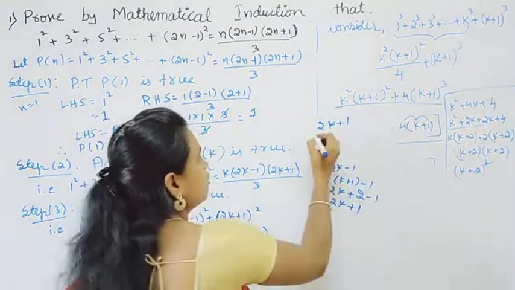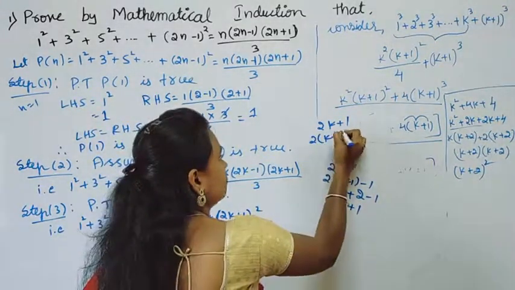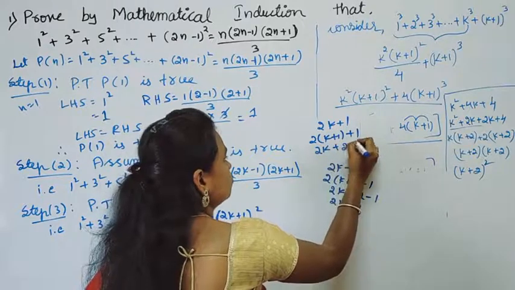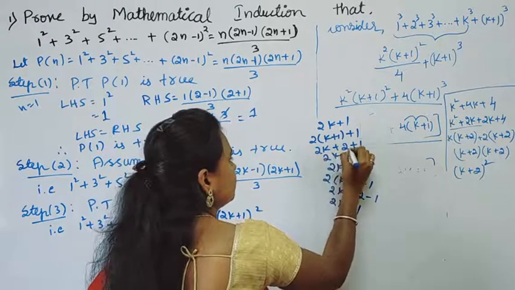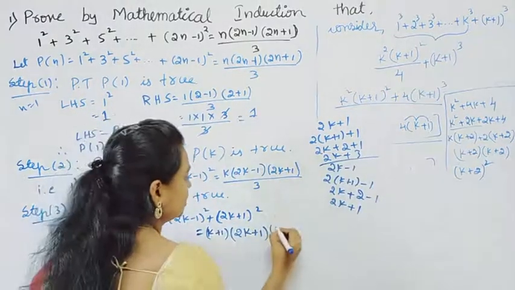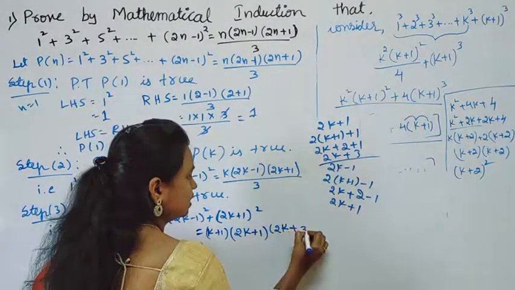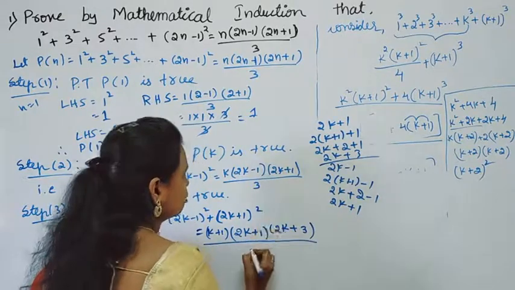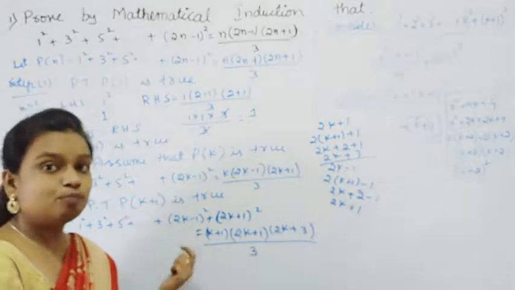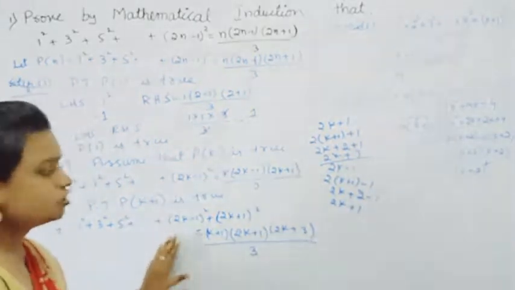Here also put k as k plus 1. So 2 into k is 2k plus 2 ones are 2, plus 1. So 2k plus 2 plus 1 is 3. Understand? So 2k plus 1 becomes 2k plus 3, whole divided by 3. So we have to prove this, which is P of k plus 1. We have to show this.